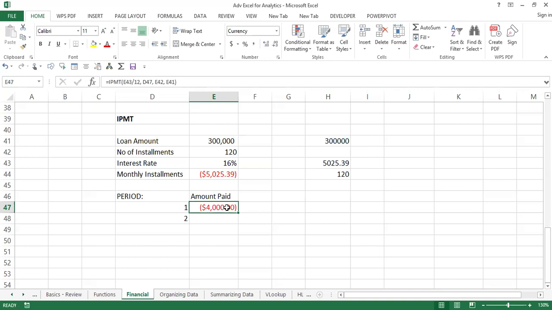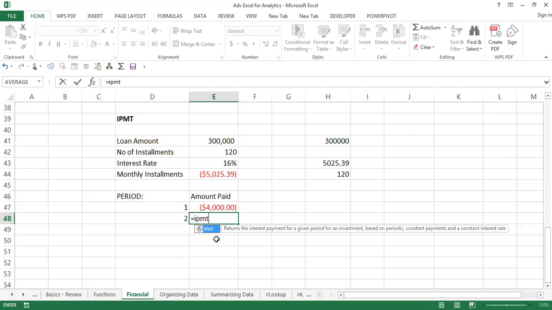Type it now so that I can watch. Equals IPMT, yes, click on it. Rate, 16%, yes, divided by 12.